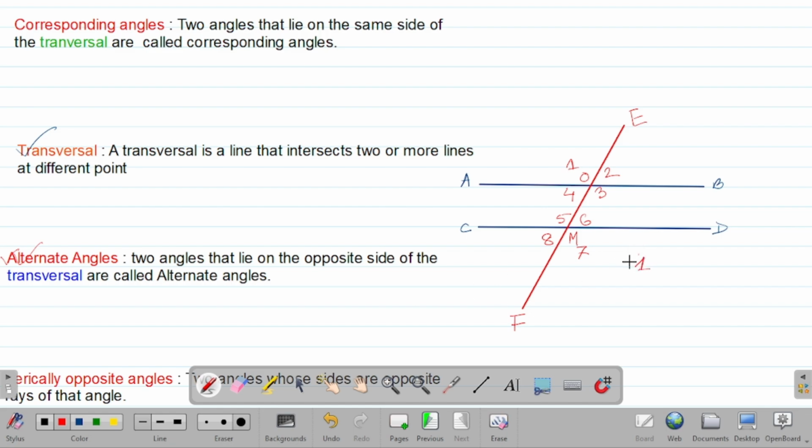angle 1 is equal to angle 7, and angle 2 is equal to angle 8.